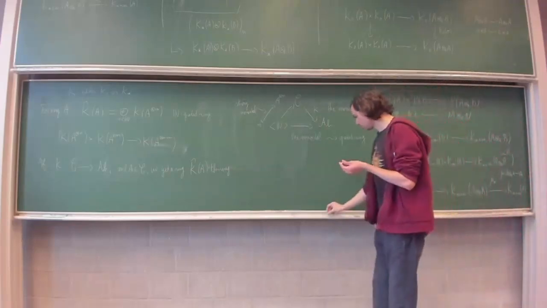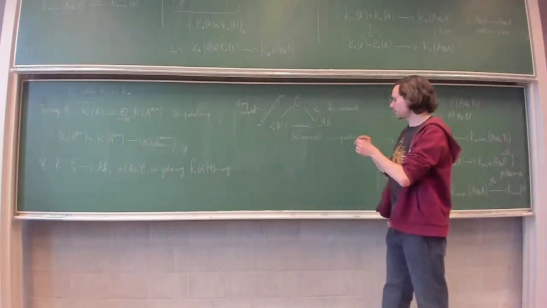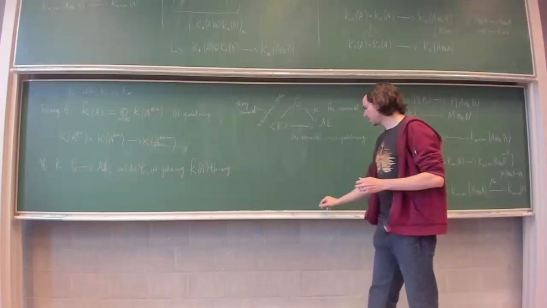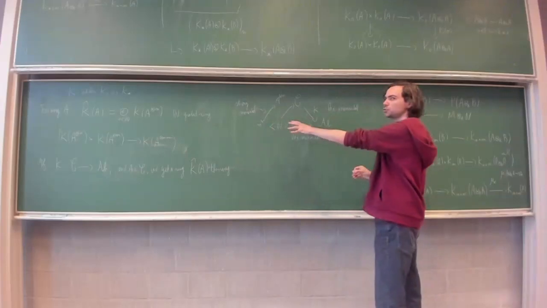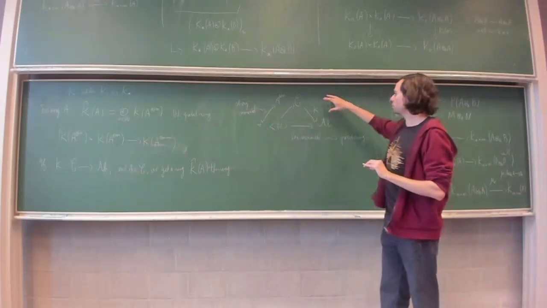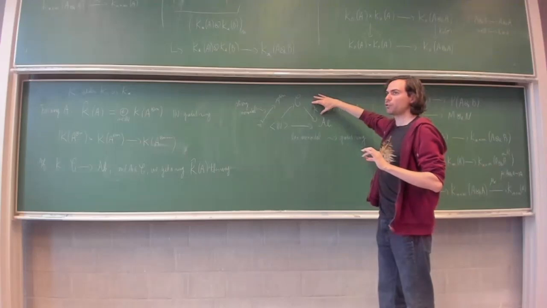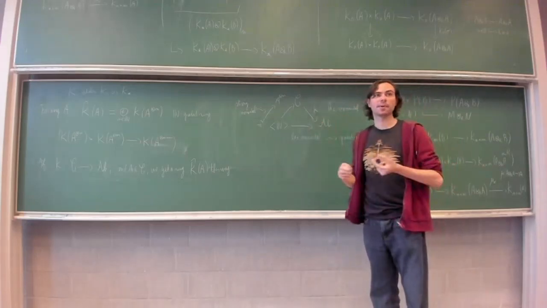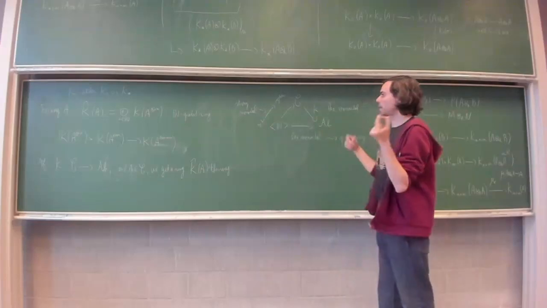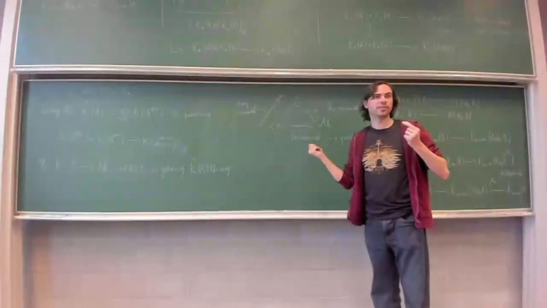So the point of this is that you can separate this construction into two parts. There's one part which is you have your functor K, which you care about. Might be K theory, might be something else. I will mention a bit hermitian K theory.